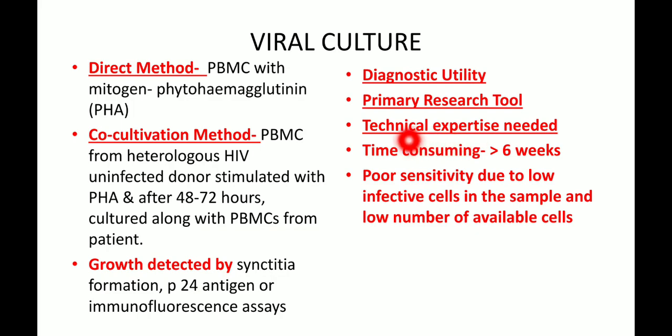It is available only in very few reference labs and a lot of technical expertise is needed. Another drawback is that it is very time consuming. It takes more than 6 weeks to give us the result, and it has a very poor sensitivity due to low infective cells in the sample and low number of available cells. So therefore we generally do not perform the viral culture on a routine basis.